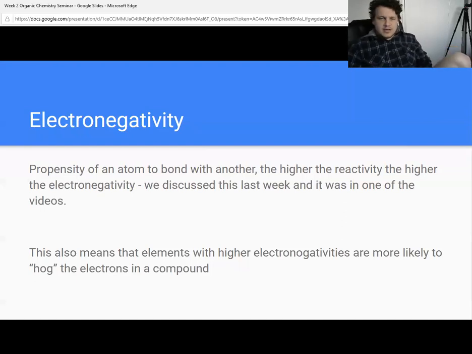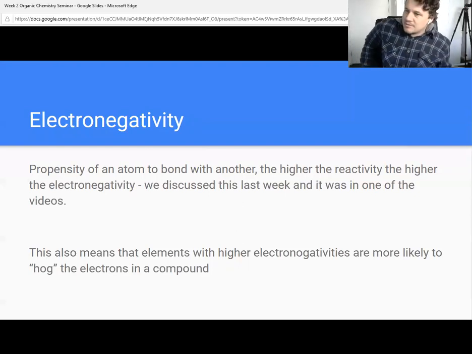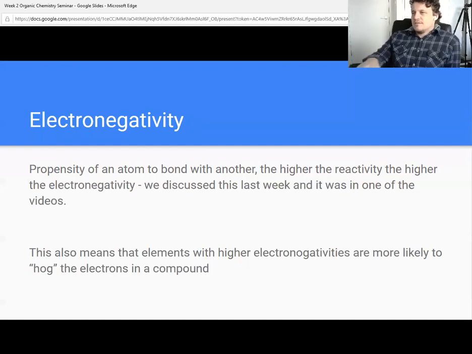And if we look at what this means, it's how likely they are to lose or to use those outer shell electrons, the valence electrons, to bond with something else. So fluorine is the most reactive element.